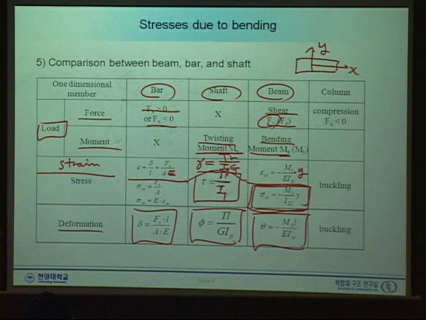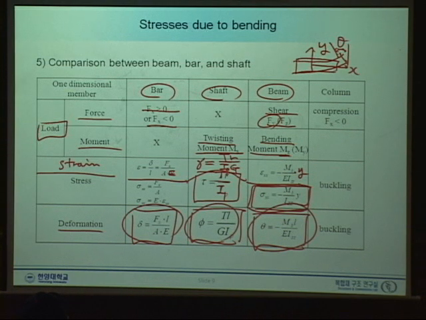And theta, which is the amount of rotation, is the moment times length over EI.